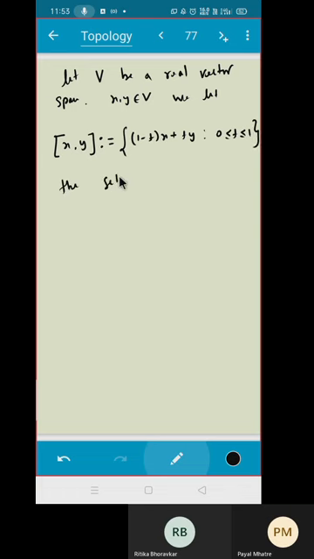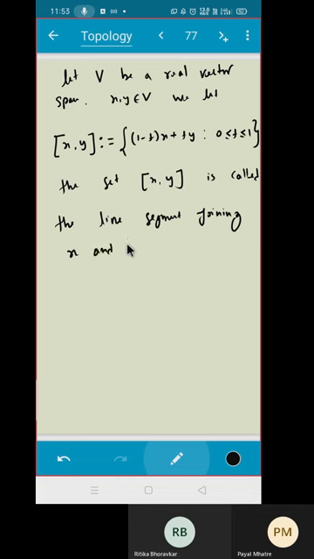The set [x, y] is called the line segment joining x and y. In R, this line segment is the same as your closed interval [x, y].